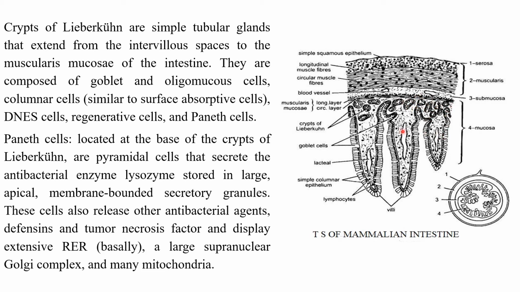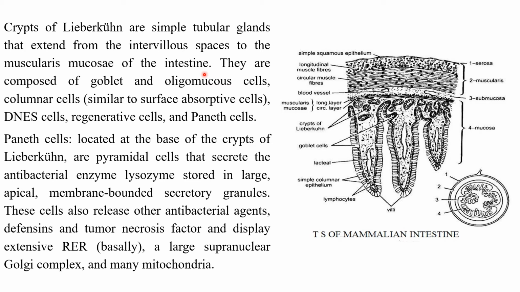These structures are called crypts of Lieberkühn. Crypts of Lieberkühn are simple tubular glands that extend from the intervillar spaces to the muscularis mucosae of the intestine.